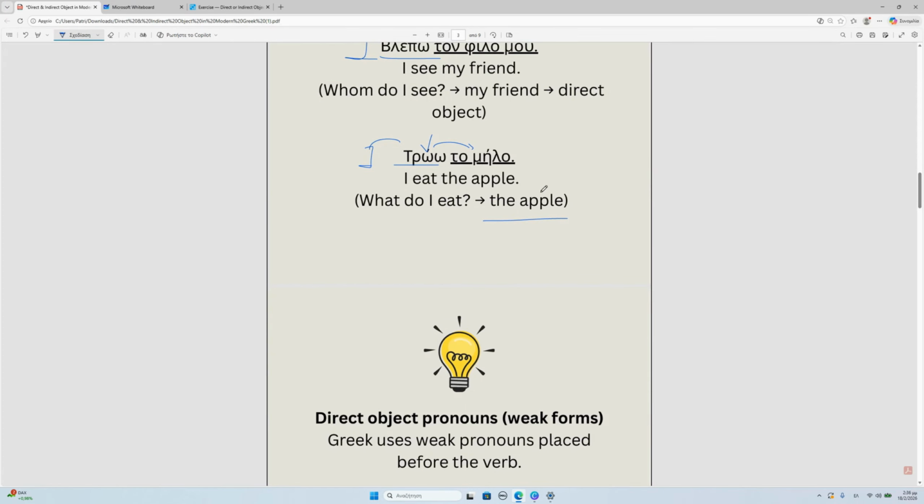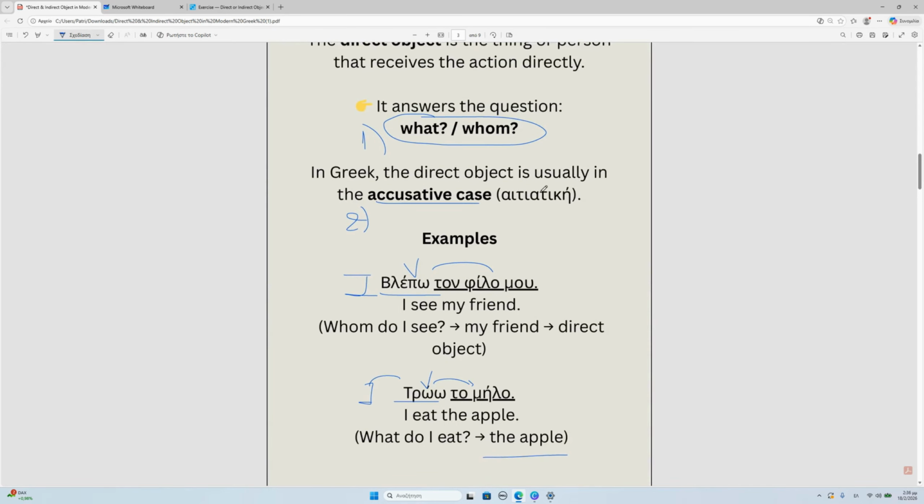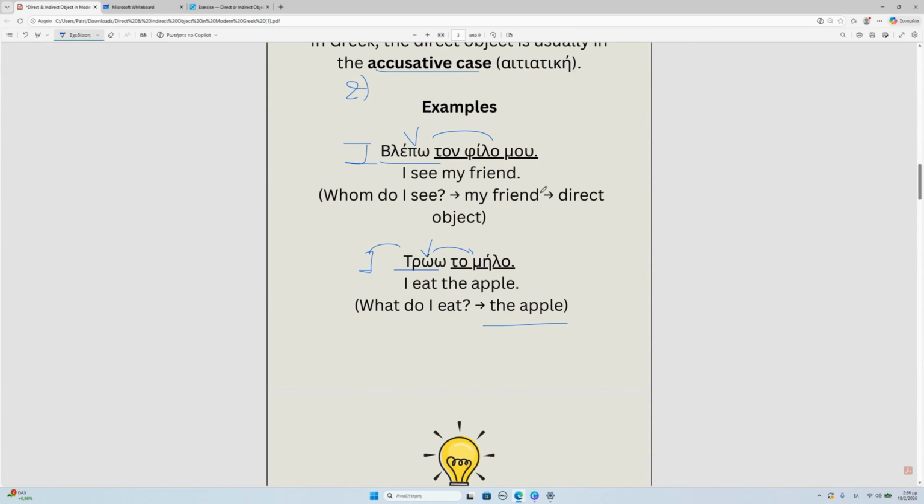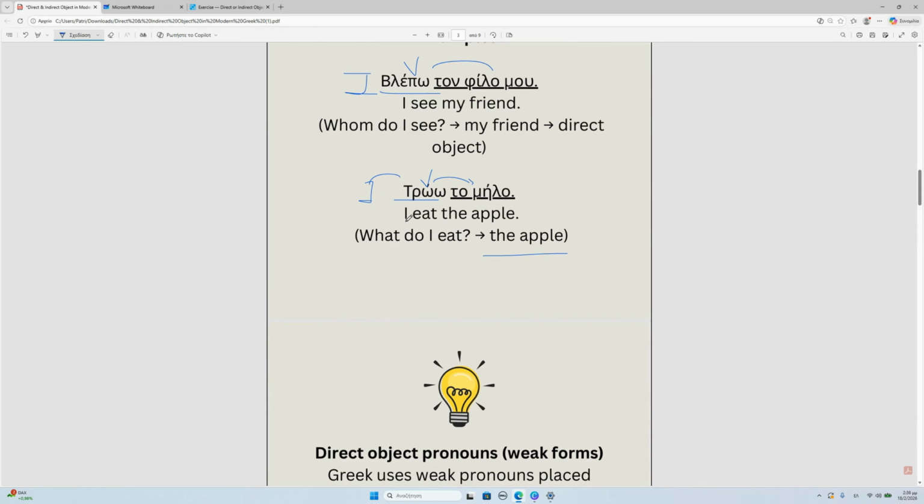But I want to mention that this is, let's say, the strong form. Of course, in a conversation, you don't want to repeat yourself. For example, if you say, I ate the apple, and then I throw the apple in the bin, and then the bin with the apple. We don't want to repeat ourselves.